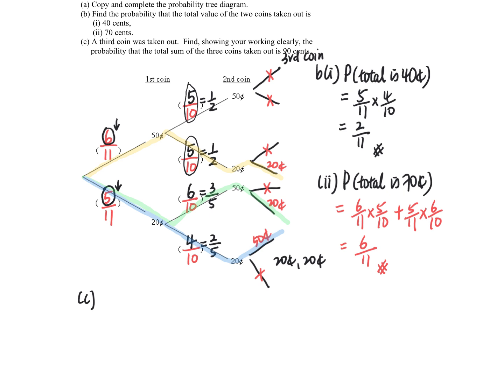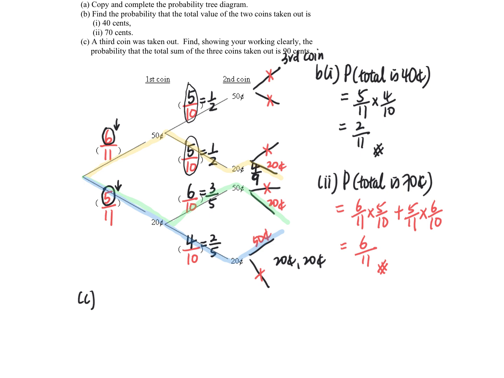Okay, so now what I need is, what is this probability here? I got these two already. I need to know what is this probability here. So from 11 coins, left 10, left 9. I'm left with 9 to choose from. And then out of the 20 cent I have, just now I have 5 20 cent. I pick out 1, so now left with 4.